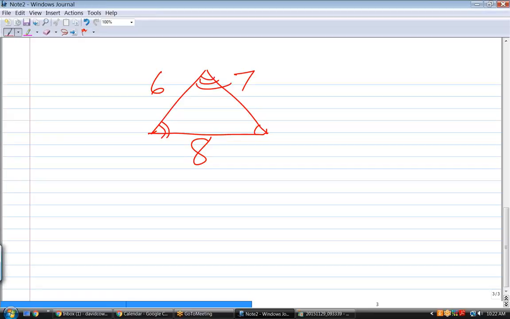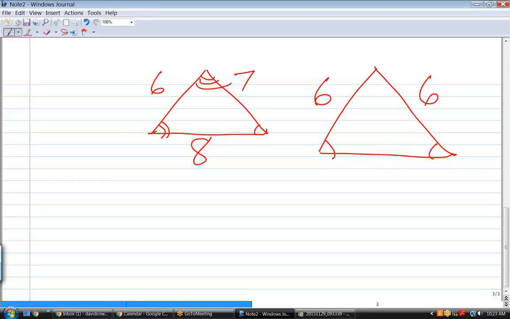You with me? Yep. So if I have a triangle with sides 6 and 6, what must these angles be? Not numerically. How do they relate to one another? They're equal to each other.